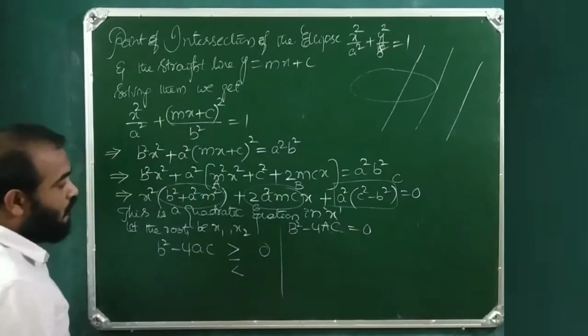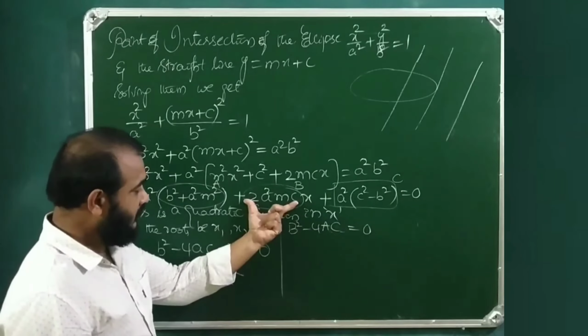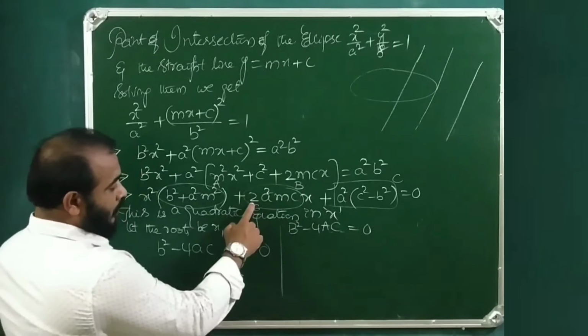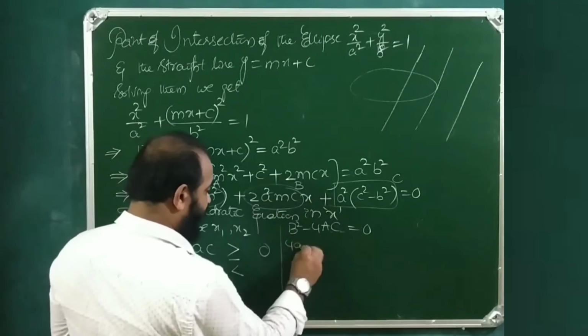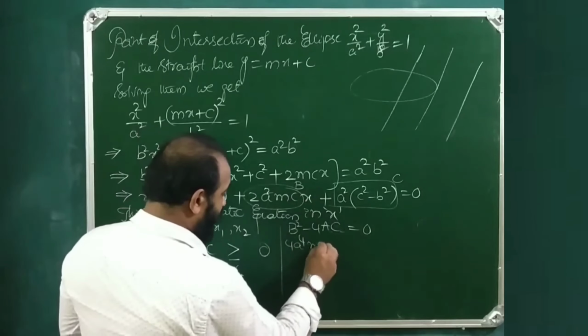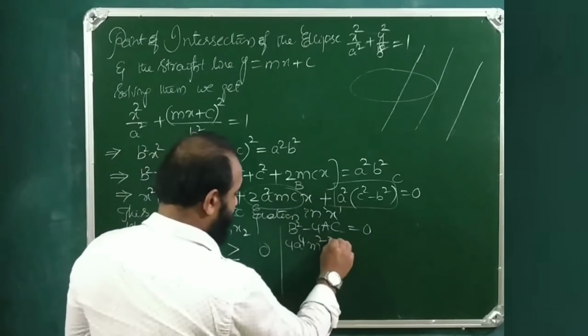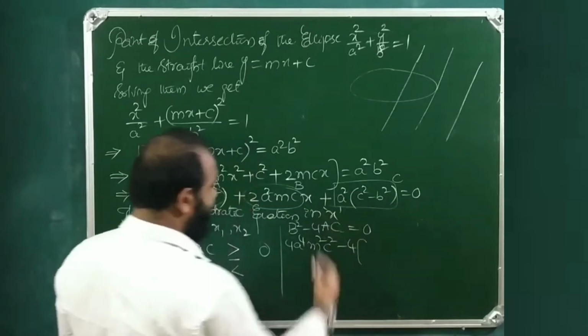Now what is b square here? What is b? B is 2a square mc, so b square is (2a square mc) whole square, which is 4a power 4 m square c square, minus 4ac.